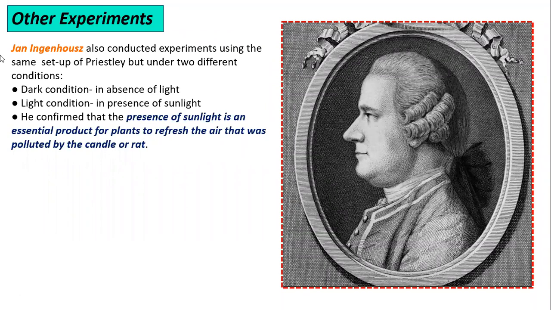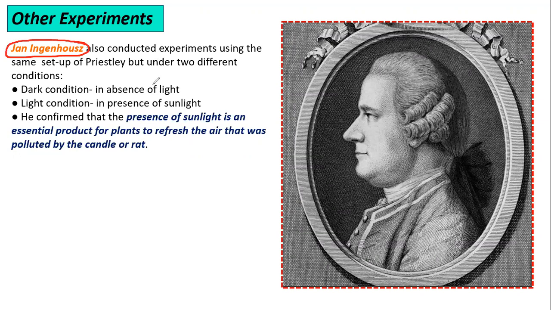Firstly, you will feel difficulty in studying the names, but as you do the questions, you will get to know their contributions. I'll provide a table along with the scientists and their contributions. So first one is Jan Ingenhousz.